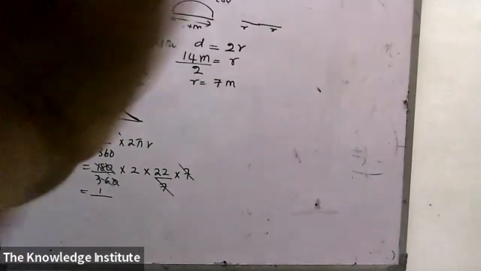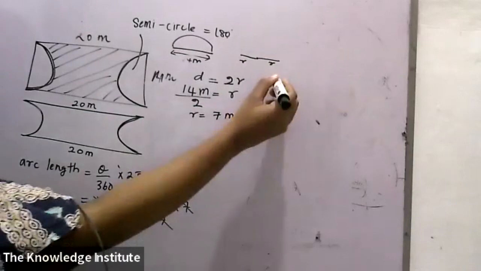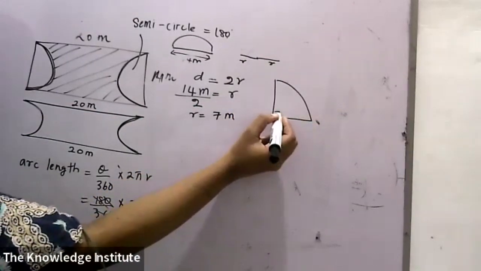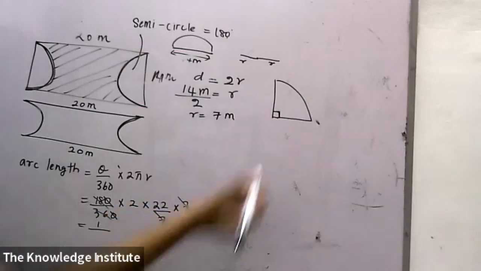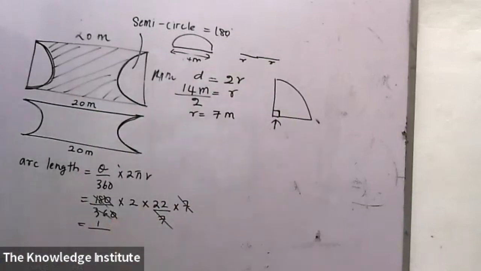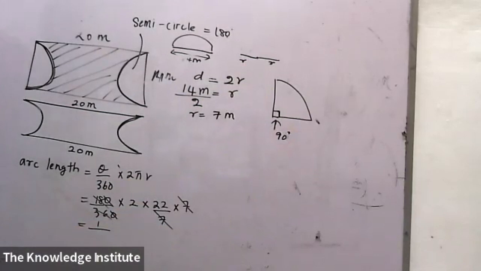Another point you must know is, if they give you 1/4 of a portion, a diagram like this, they will use this 90 degree mark. In this instance also they are not going to tell you it is 90 degrees, so you should know it is 90 degrees. So write these points down somewhere.